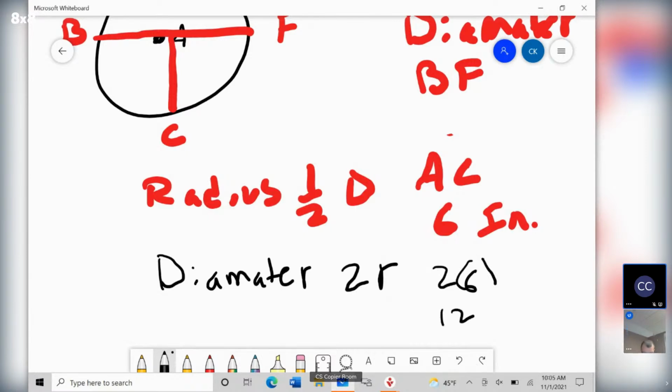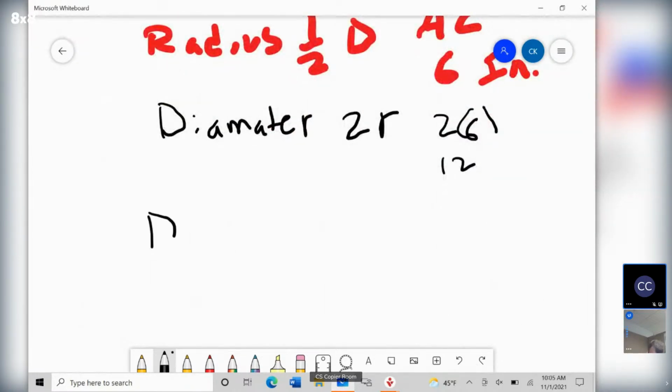Okay, so what you have to keep in mind is, if we're looking at some formulas here, the diameter is 2 times the radius, okay?